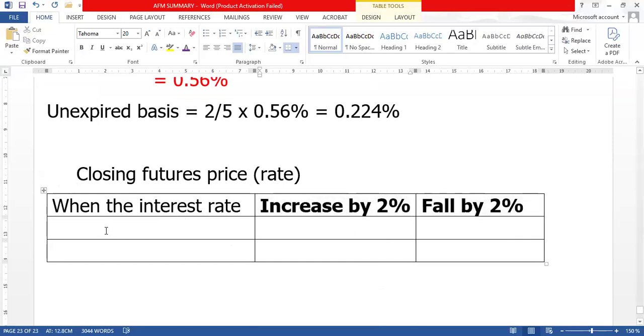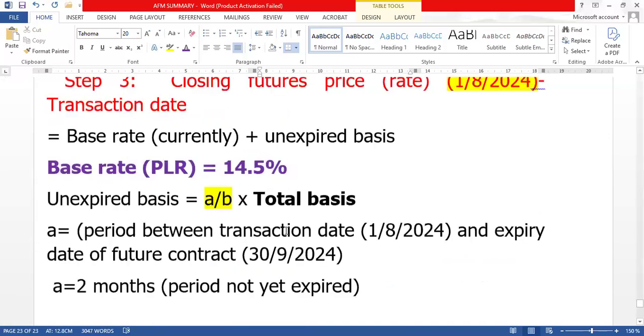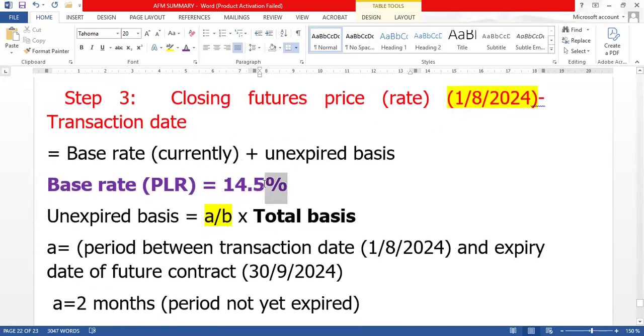So here you will need to look at the base rate. What will be the base rate? The prime lending rate as at 1st August 2024. Because we are saying that currently the base rate is this one.